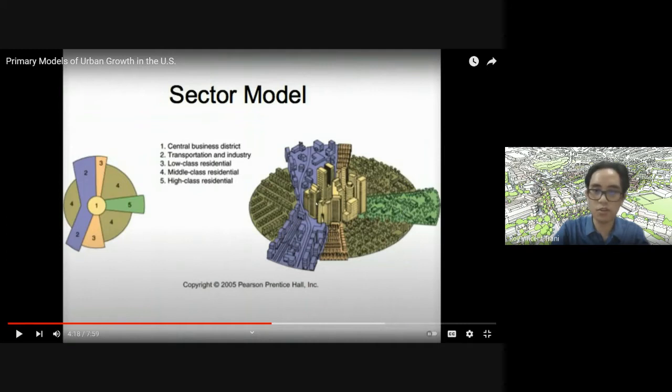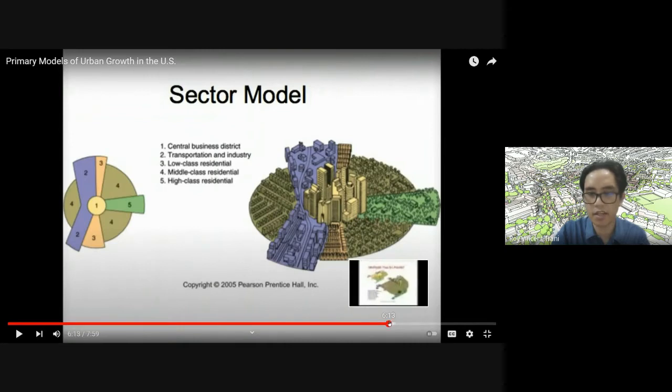High income land would be mostly based on accessibility to the transportation zone and the central business district. And the low income residentials just fill in the gaps, basically where no high income or middle income families are living. But they usually tend to stay close to the business district because that's where they are working.